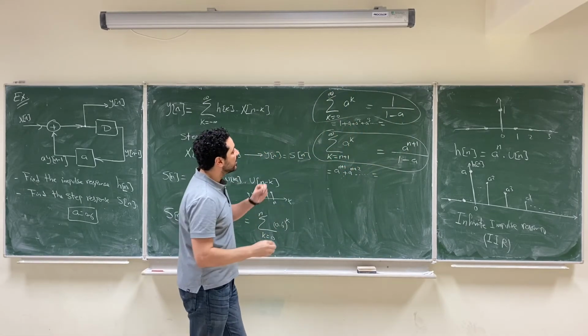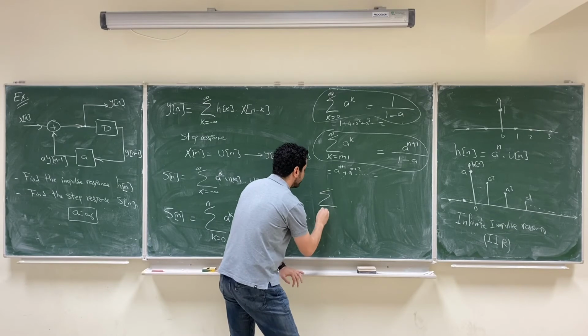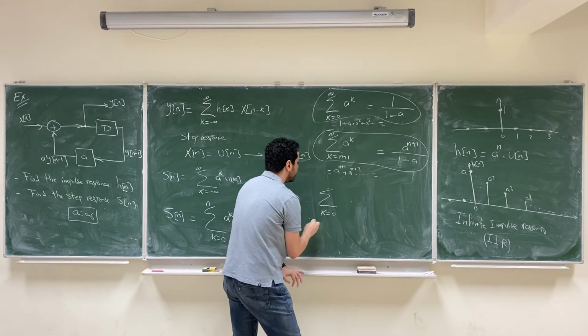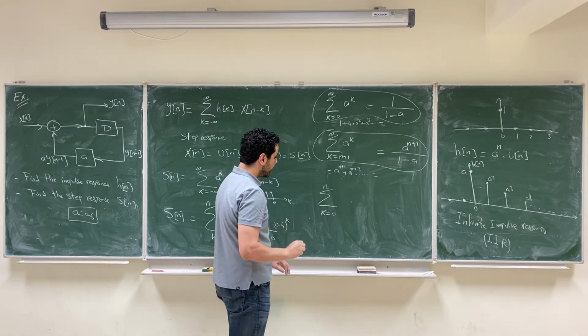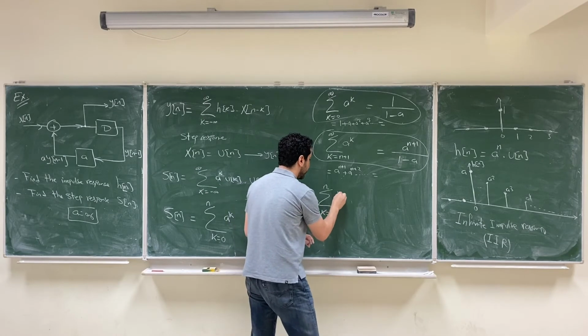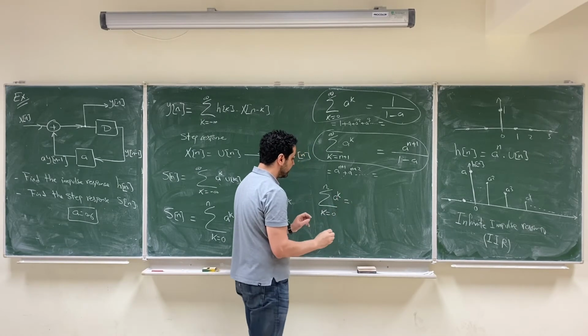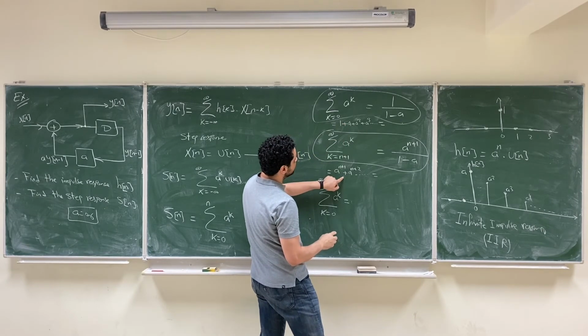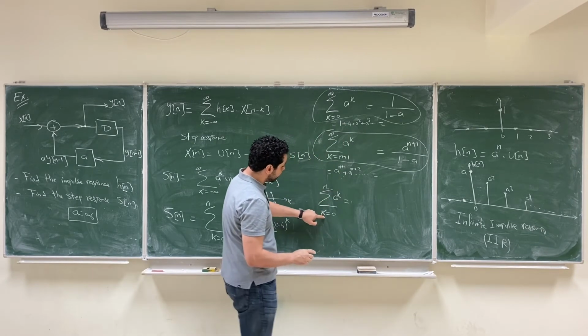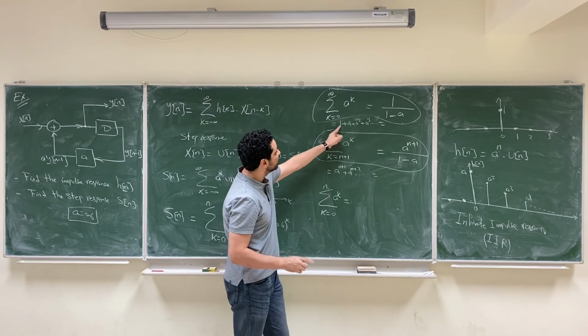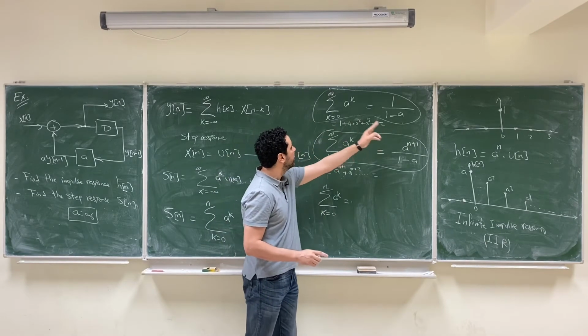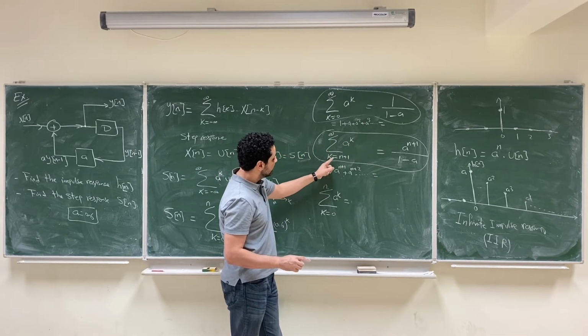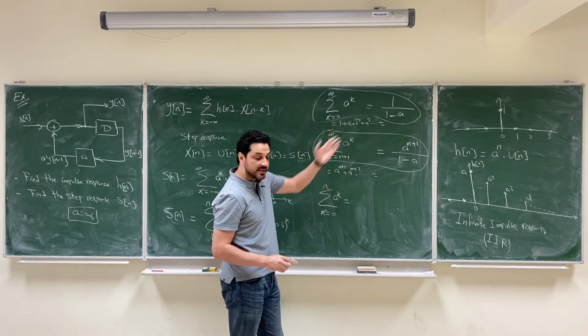What about if you have a summation from k equals 0 to n of a to the power k? Isn't that the first summation minus the second summation? This summation from 0 to n is like you are summing from 0 to infinity, and then you subtract the terms from n plus 1 to infinity, right?